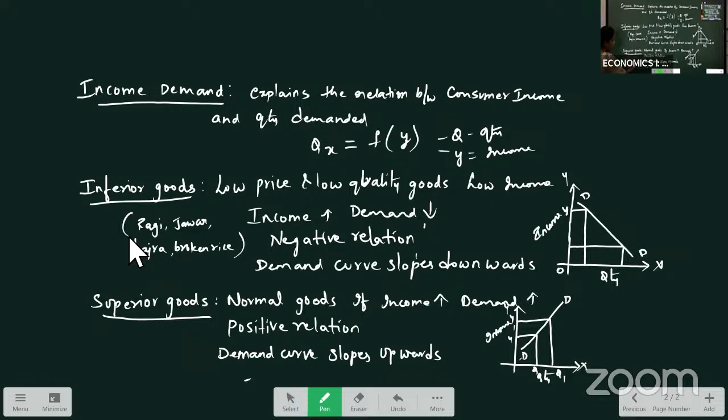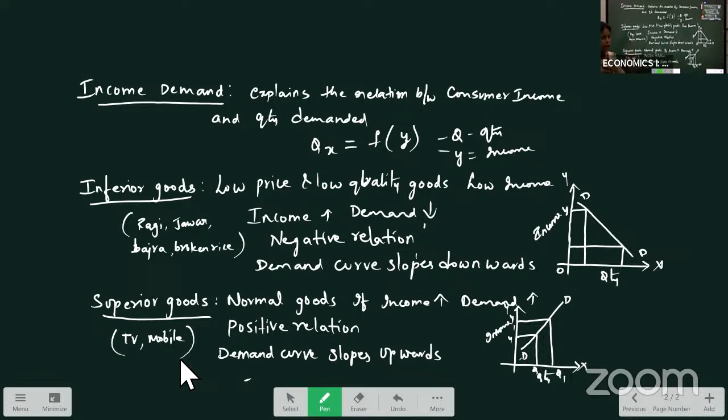What are superior goods? We can say televisions, or mobile phones or something like that. These come under our superior or normal goods. So in this case, when our income increases, we demand more of the commodities. When income decreases, we demand less quantity. So this is all about income demand.